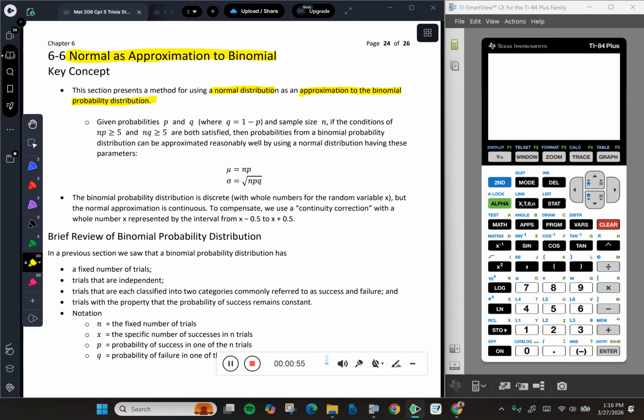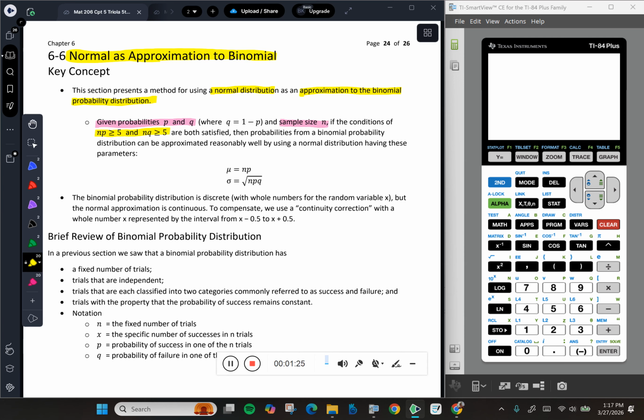Okay, so here's the math behind it. If you have a binomial scenario with given probabilities for P and Q, where P is the probability of success and Q is the probability of failure, a sample size of n, and if your sampling is sufficiently large enough. Now, sufficiently large enough means that both n times p and n times q are 5 or more.